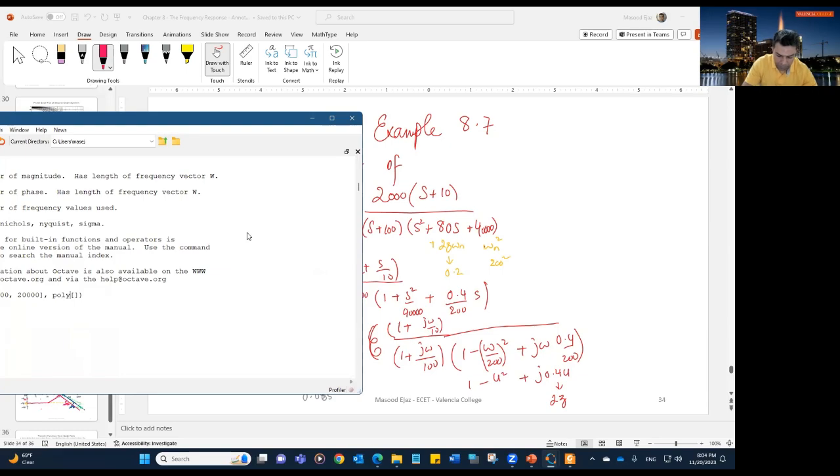Poly, and the roots are -100, roots of 1, 80, 40,000. So that it will make a row vector of roots, and then poly.